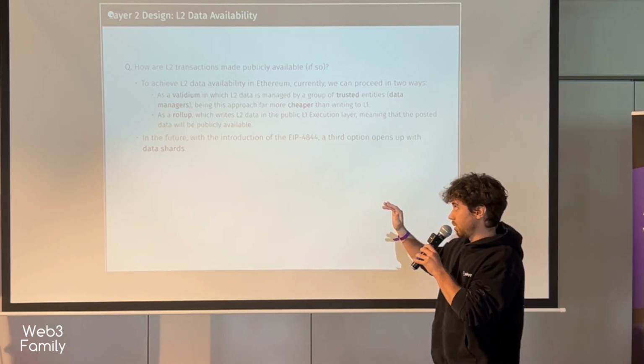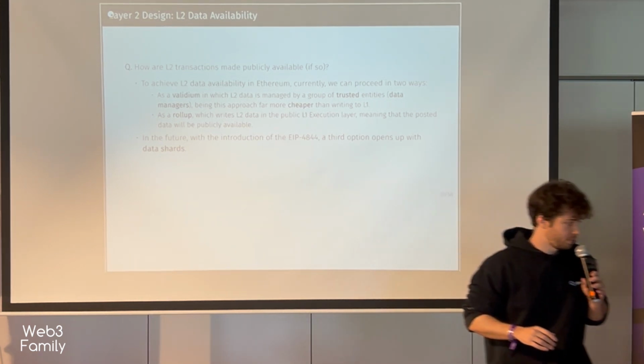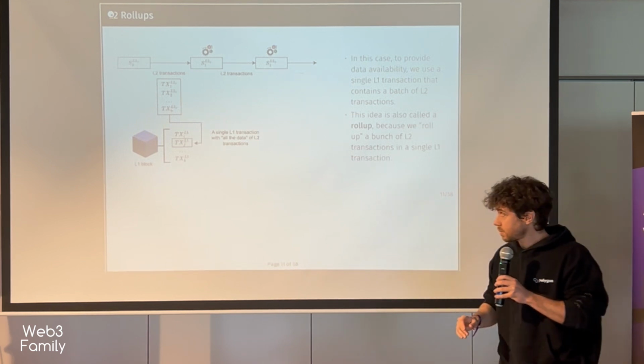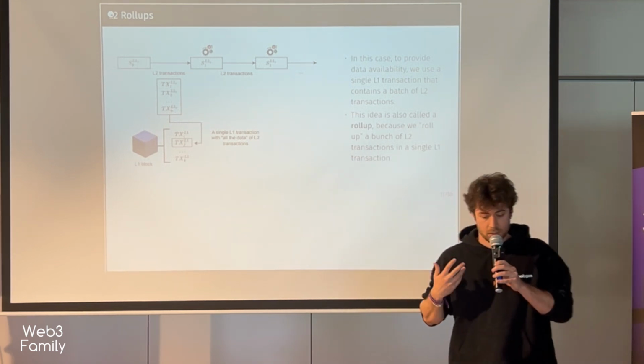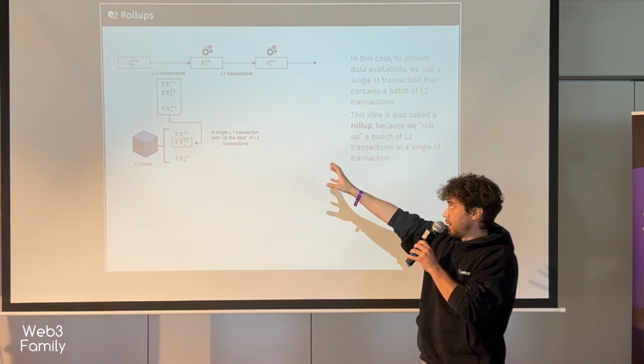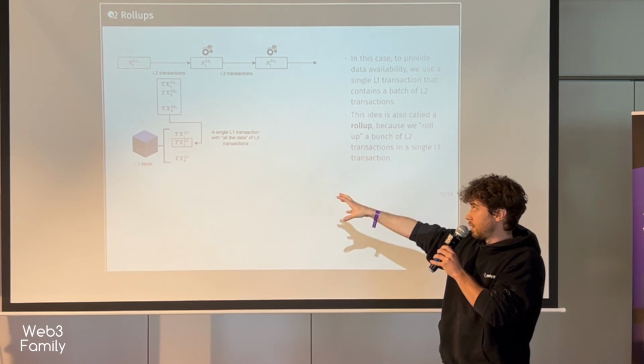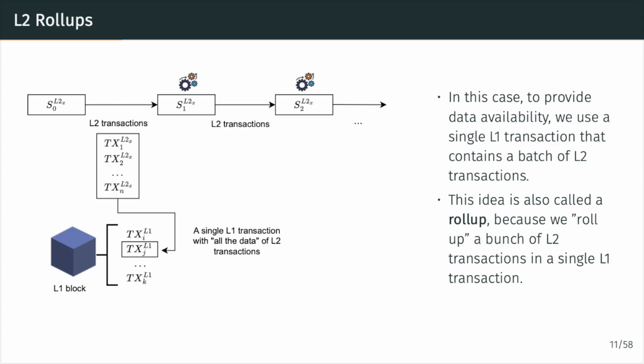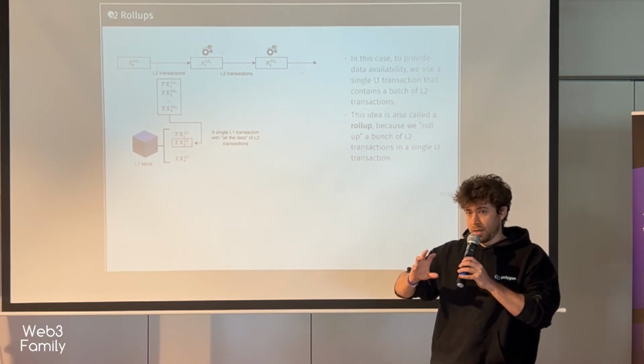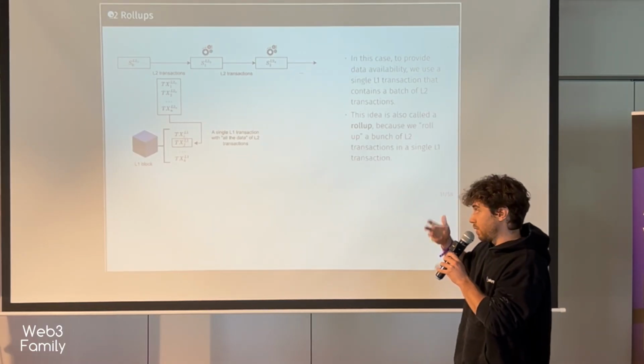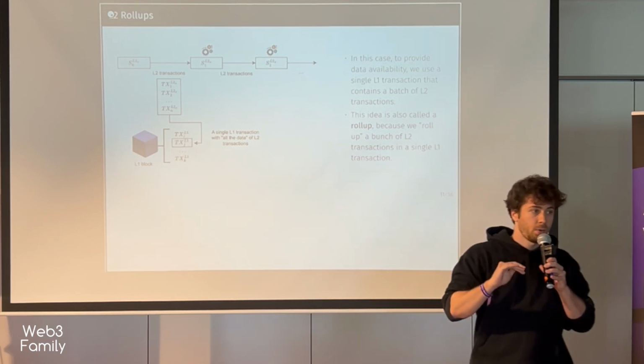Let's go a bit deeper into each one of them. About rollups, it's what I've just said. They have a bunch of transactions and they consolidate them on L1. This is why they are called rollups, because they are rolling up a group of L2 transactions into one L1 transaction.